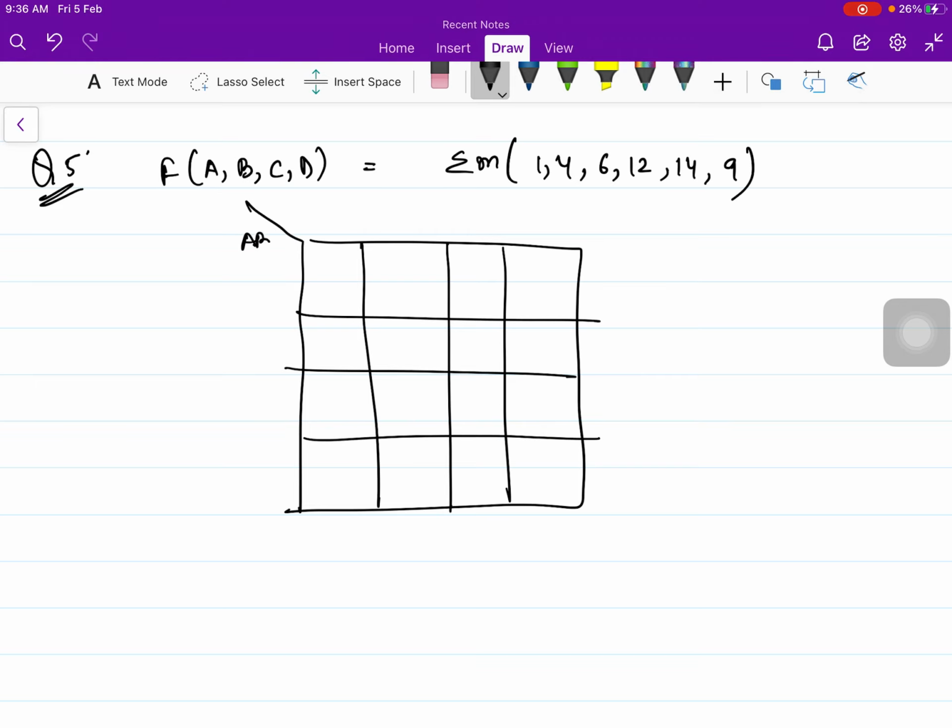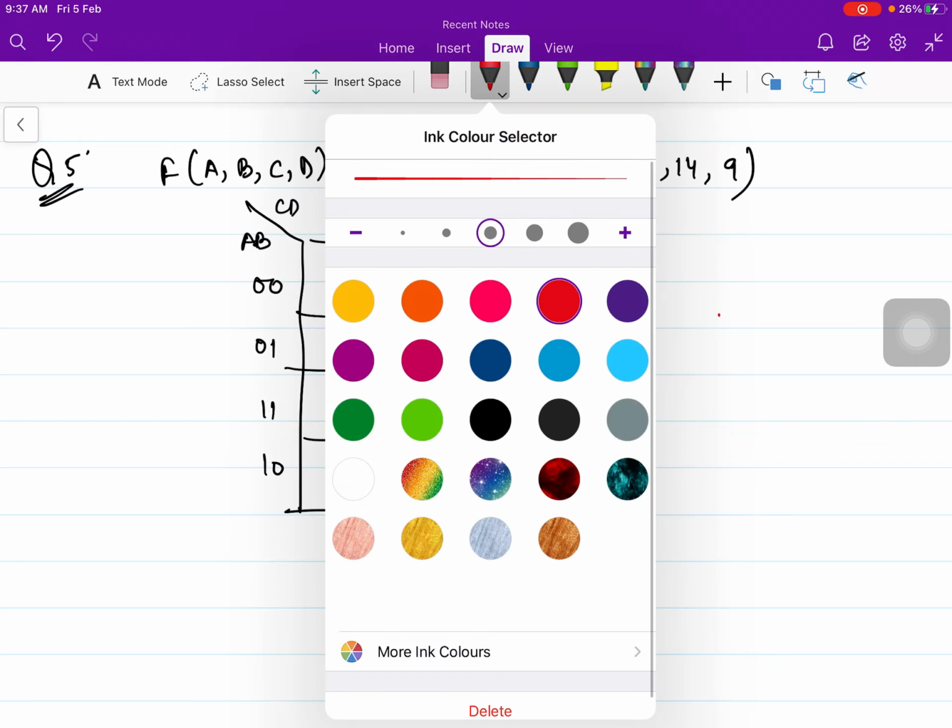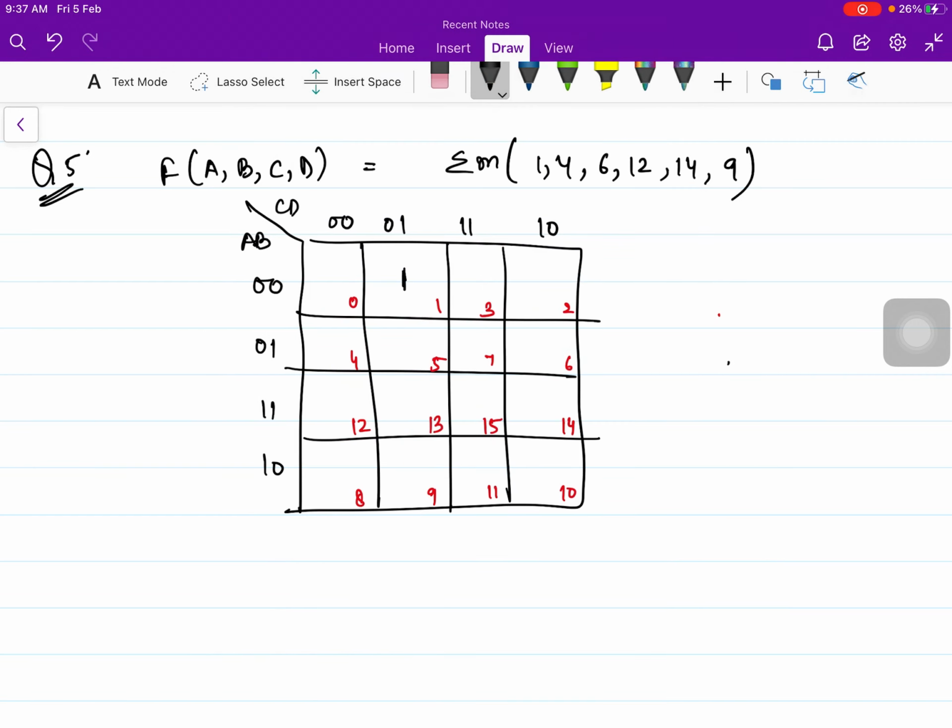Make the structure, mark the variables, do the numbering, insert the ones: 1, 4, 6, 12, 14, 9.